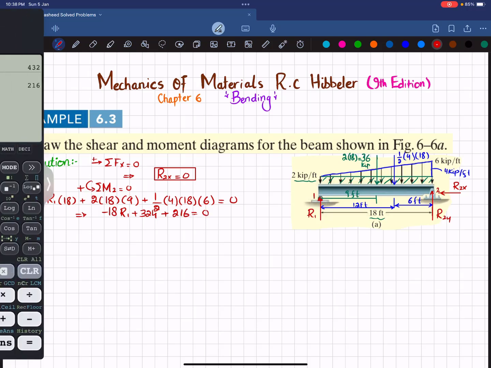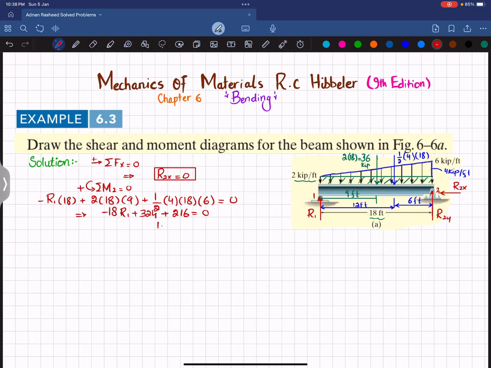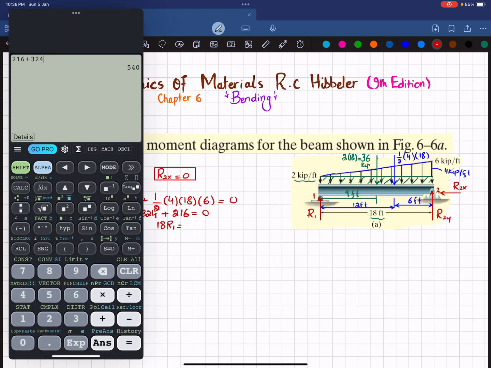So 324 plus 216 is 540. So it means that 18 R1 is equal to 540.